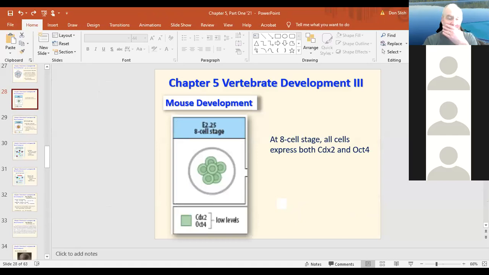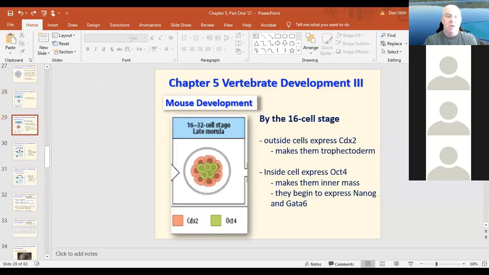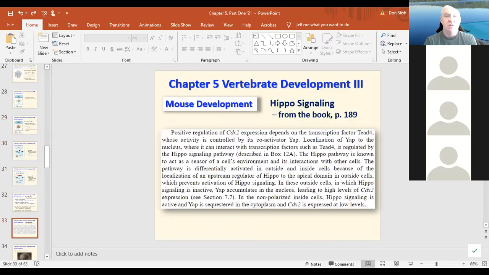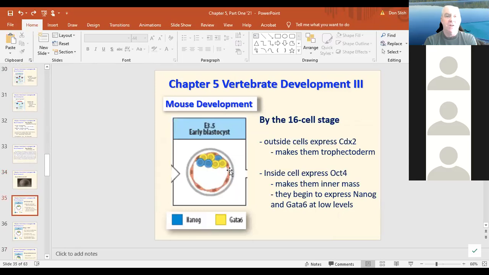So at the 8-cell stage, we're expressing CDX2 and OCT4, and then we get the Hippo signaling complex that makes this only OCT4 and this CDX2. CDX2 then becomes trophectoderm, and the OCT4 expressing cells then start to express NANOG and GATA6.